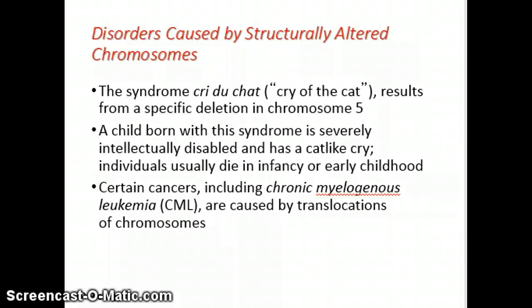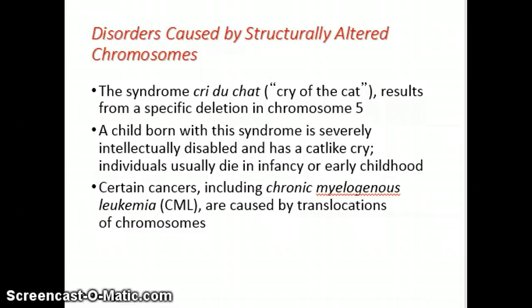There are also structurally altered chromosomes, which occur from different types of mutations. For example, there's a syndrome called cri du chat, which means cry of the cat. It comes from a deletion in chromosome 5, meaning part of chromosome 5 has been removed.